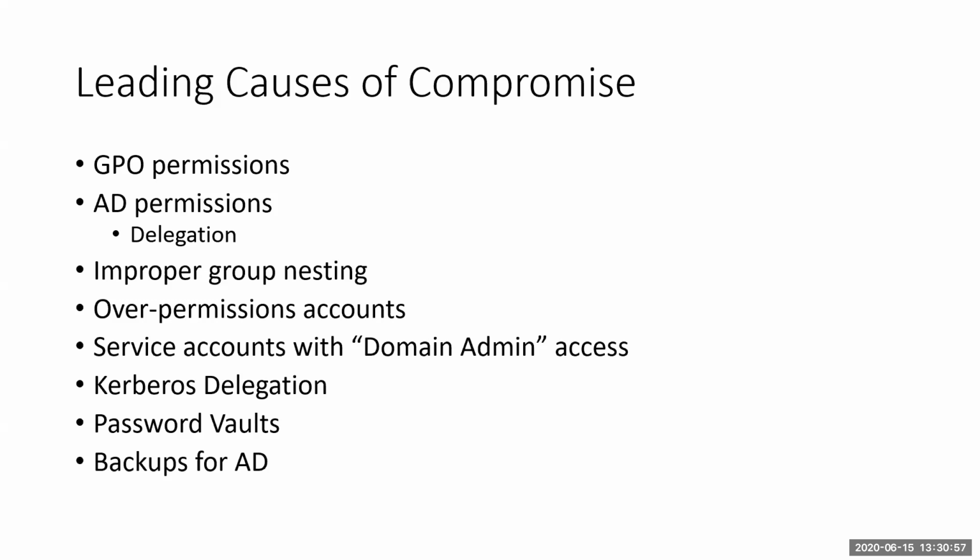You have to be very careful with password vaults, and then also AD backup. Remember your AD backup has the hashes for every single account in the domain, and if attackers get a hold of those hashes, and a lot of times AD backups aren't stored encrypted; they're stored on a server somewhere.